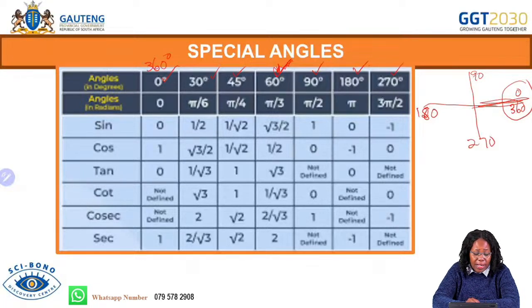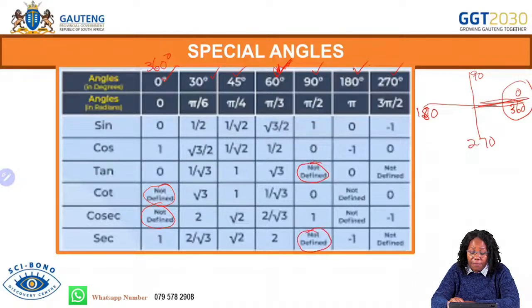At some point, these are not defined. As you can see there, the cosec of 0 is undefined, and the tangent of 90 is undefined. The sec of 90 is undefined. Can you see that? Okay, we'll come to that later on.